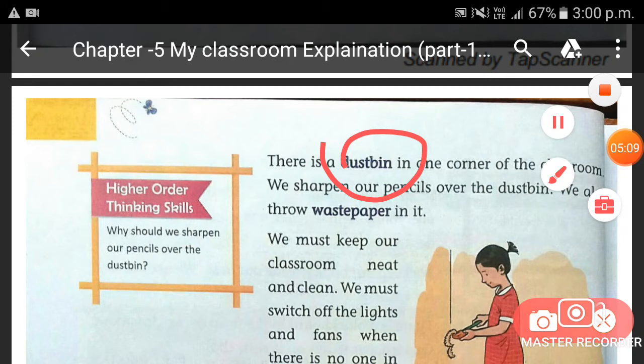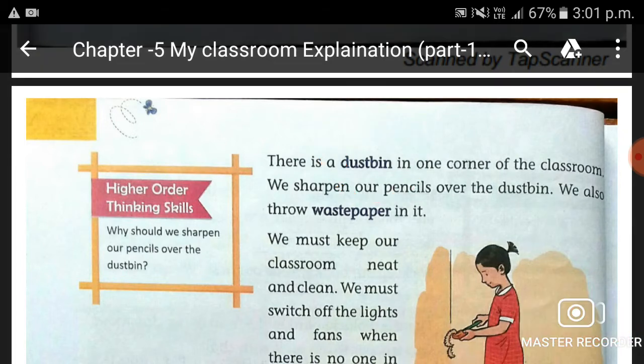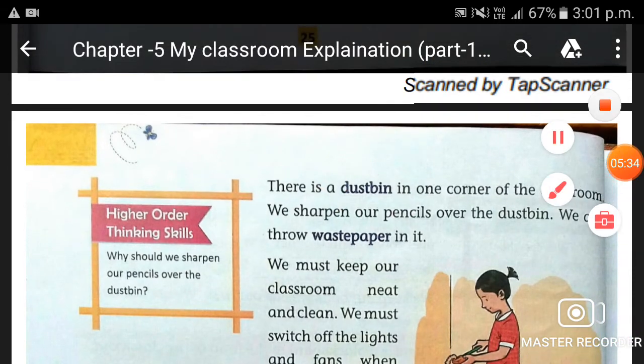So students, dustbin is a thing into which waste is thrown. Okay, so have you seen dustbin, students? You definitely have seen dustbin at your home and at your school and at the public places. Okay, so we throw the waste things into the dustbins.